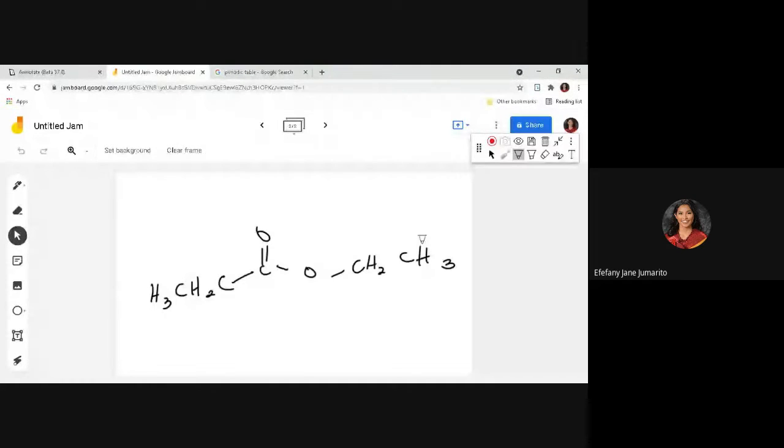Okay, so now how are we going to name this one class? Our parent, this whole thing here, that is what we call propane. So we have 3 carbons. 1, 2, 3. We have 3 carbons, so we will write prop.